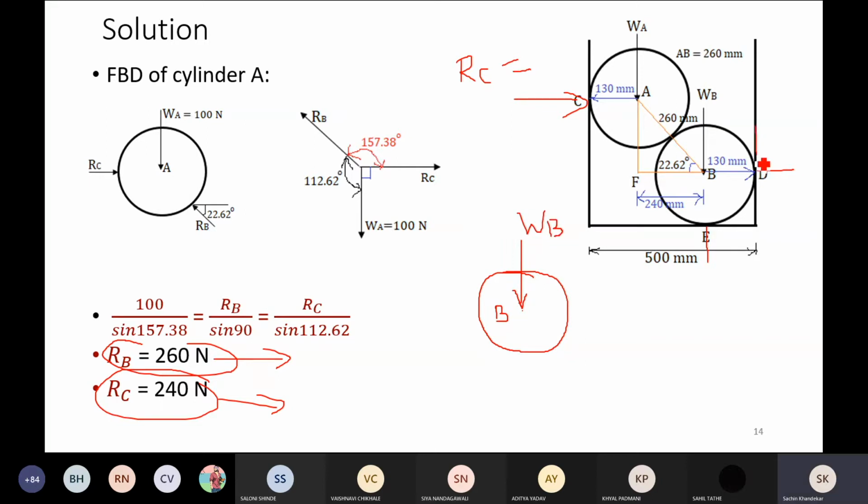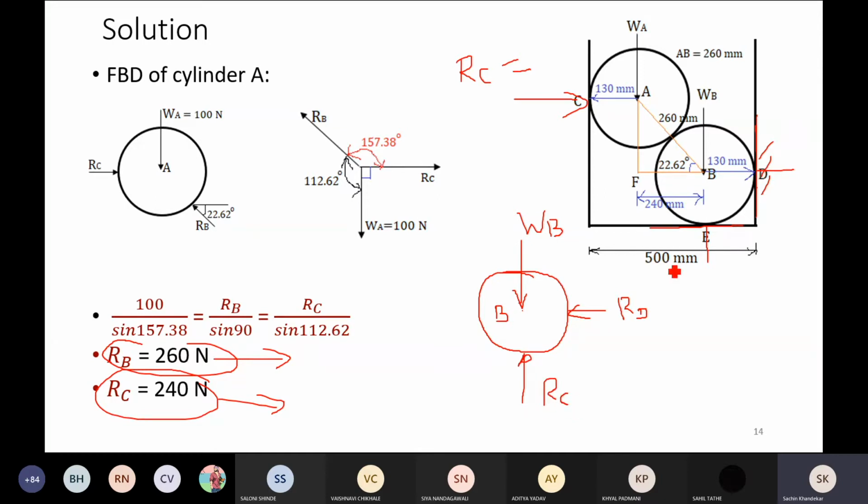Then the reaction offered by this vertical wall, which is RD, right? So this RD is perpendicular to this vertical wall, and hence RD is in horizontally leftward direction. Okay, next the reaction offered by this horizontal floor at E, which must be, no doubt, RE, vertically upward.